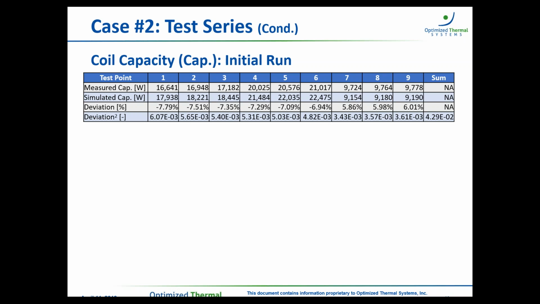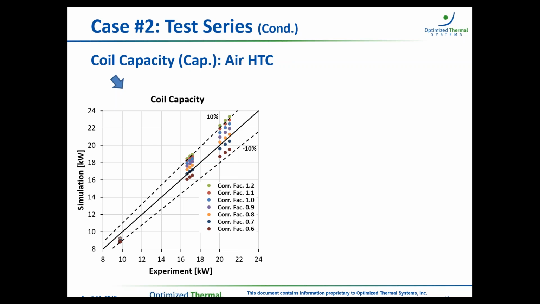So we can again use the parametric study feature within CoilDesigner to take all 9 of these test points and simulate each one at multiple correction factors. In this plot, we show all 9 test points simulated with correction factors ranging from 0.6 to 1.2. We show the simulation result compared against the experimental result to find the correction factor that gives us the least error for all 9 points when considered as a whole.